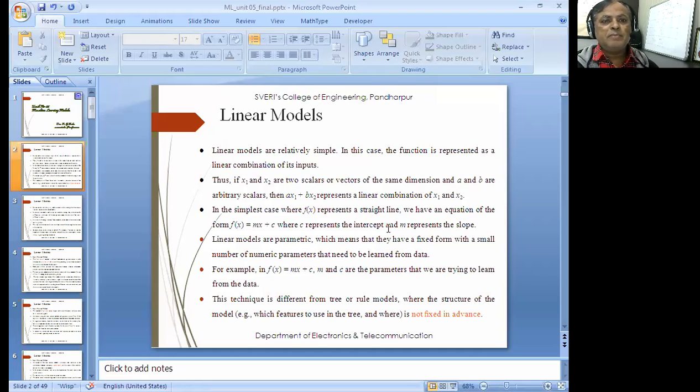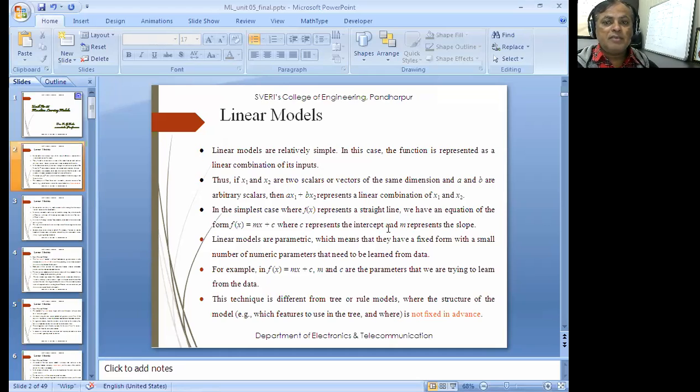So when you have two inputs, scalar or vector, x1 and x2, with arbitrary constant scalars a and b, the linear combination is nothing but ax1 plus bx2.